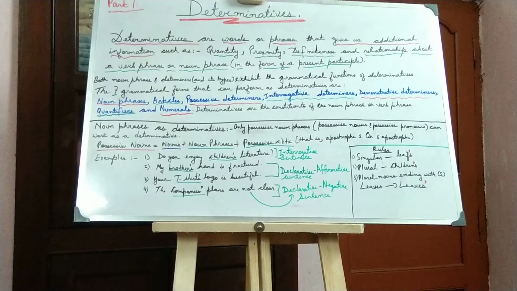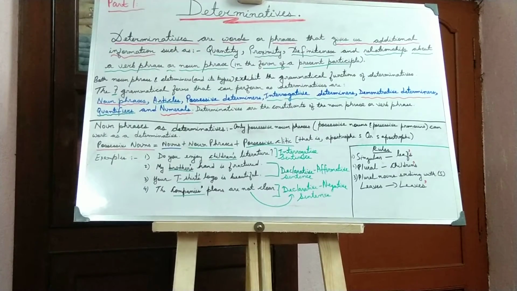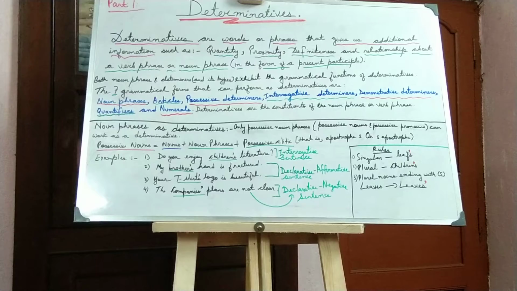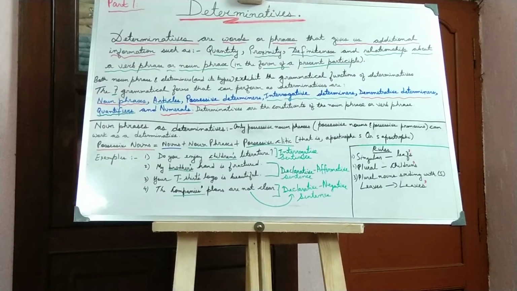Okay, now we have to remember that determinative is not a part of speech or a word class, but it is one of the important functions of English grammar which helps other functions of English grammar to work properly.